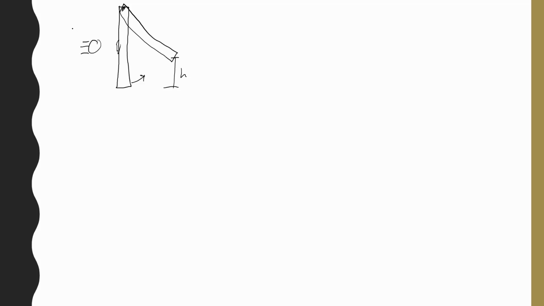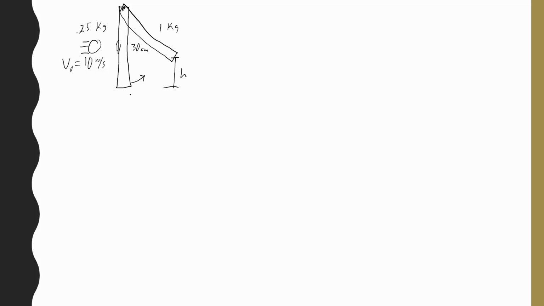Given some information, let's say the mass of this piece of putty is 1/4 kilogram. Let's say the mass of the rod is 1 kilogram. The length of the rod is 30 centimeters. And let's say the initial velocity of this ball is 10 meters per second.